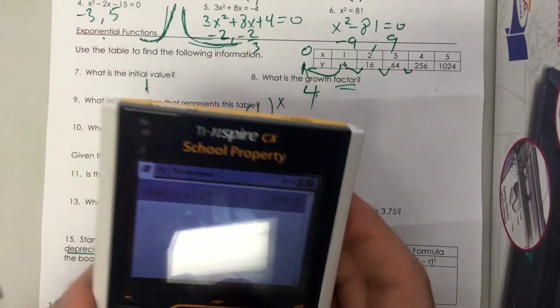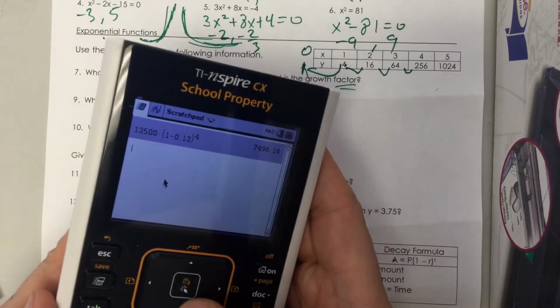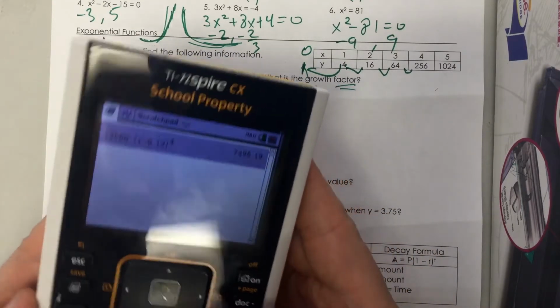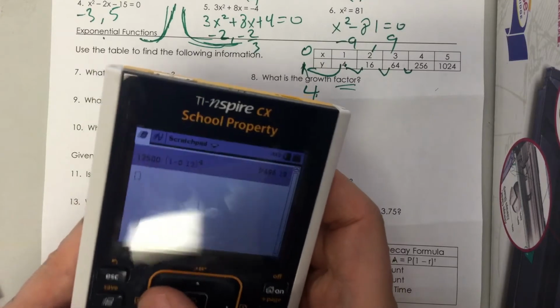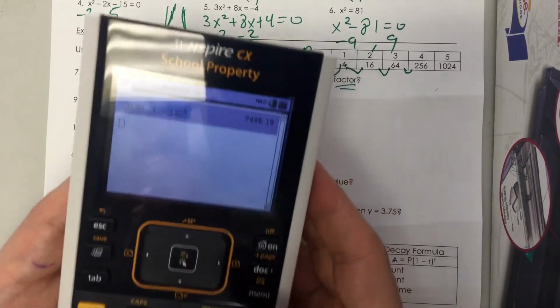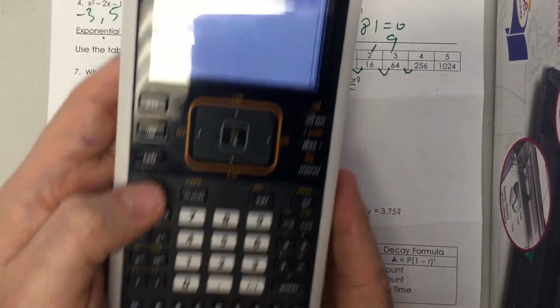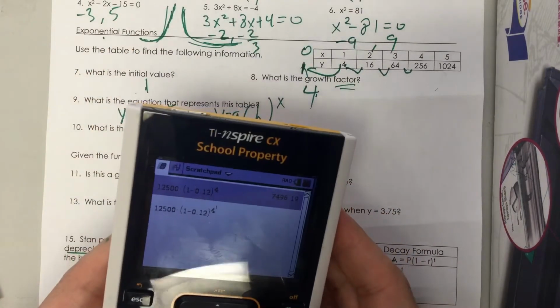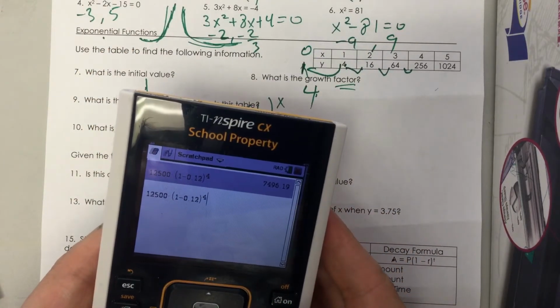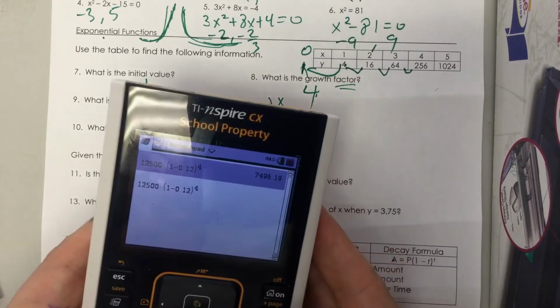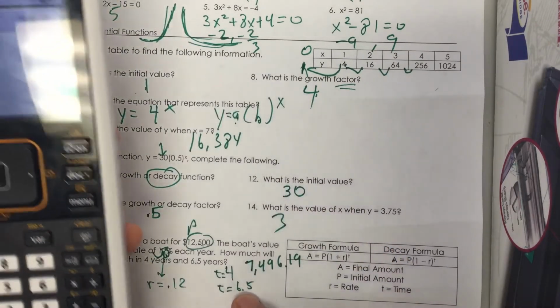Okay, I'm going to remind you guys, you can copy and paste. I don't want to type all that in again. So what I do is I go up and highlight that, Control-C to copy, arrow back down, Control-V to paste, and the advantage is I can just change that exponent 4 to an exponent of 6.5.